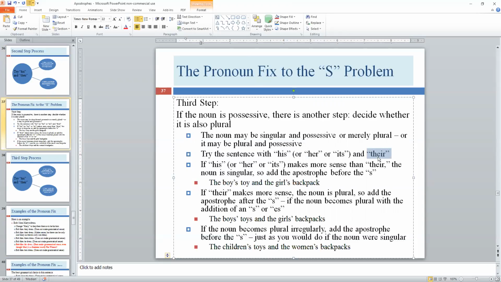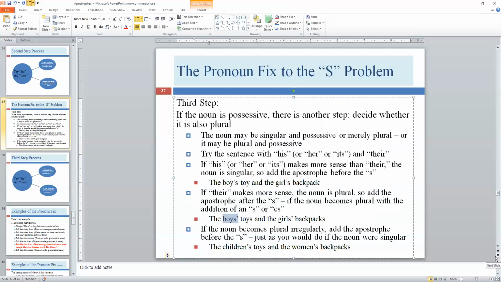Well, yeah, because their makes sense in that context. So if his makes sense, well, then you know that the noun in the genitive case is singular possessive, so it's going to be apostrophe S. If their makes sense, you know that the noun should be plural in the genitive case, so it's going to be S apostrophe.